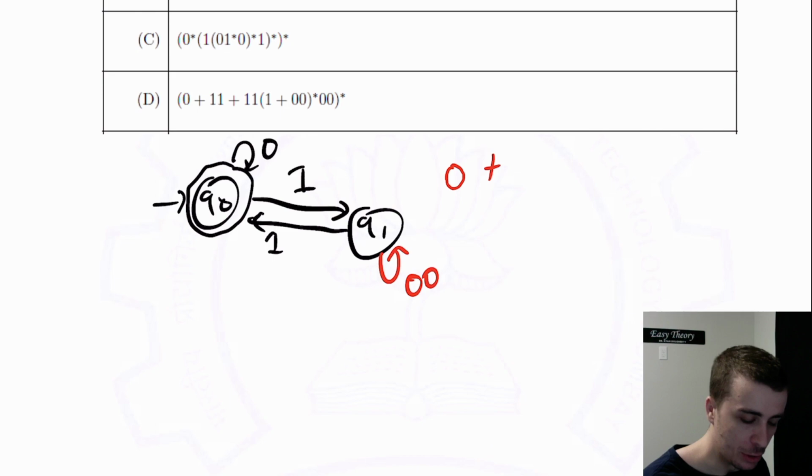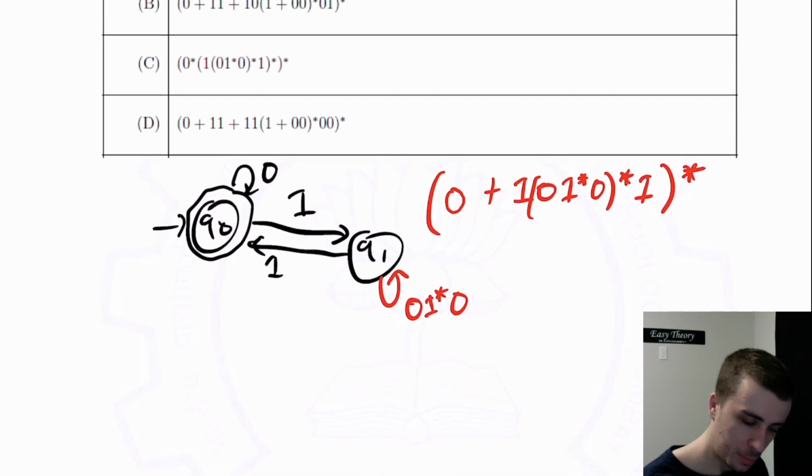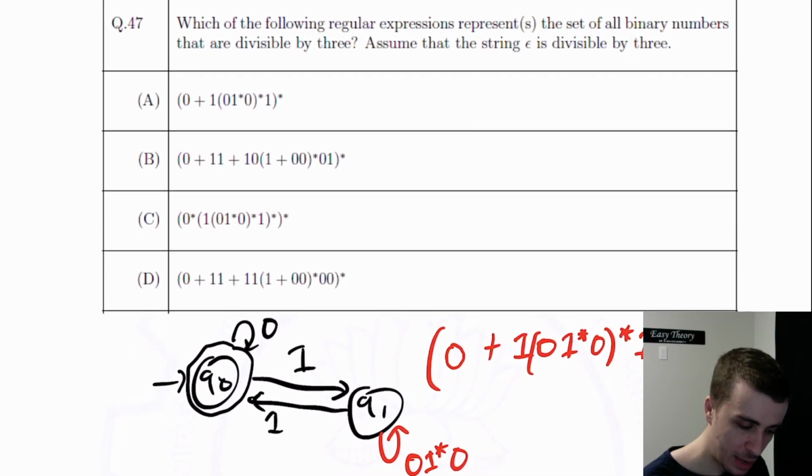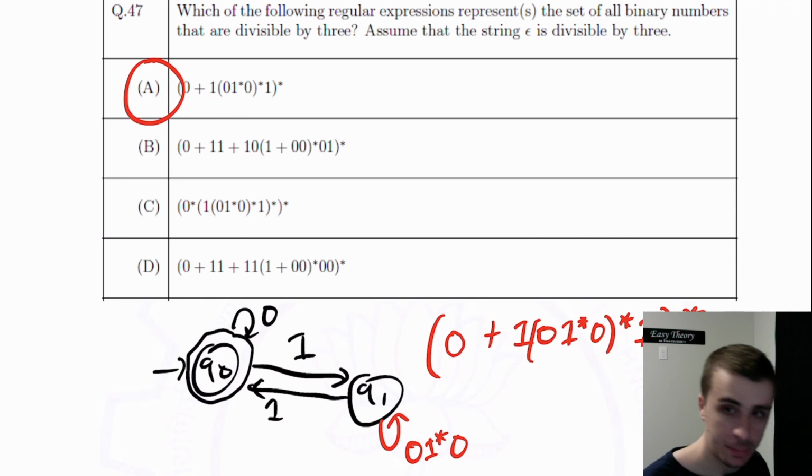So this is 0, actually no, 0, 1, star 0. So then it would be 0 plus 1, 0, 1, star 0. That part starred with a 1 after it, and then the whole thing starred. So do we have this one? Okay, so yeah, A is right. So A is obviously identical to this.